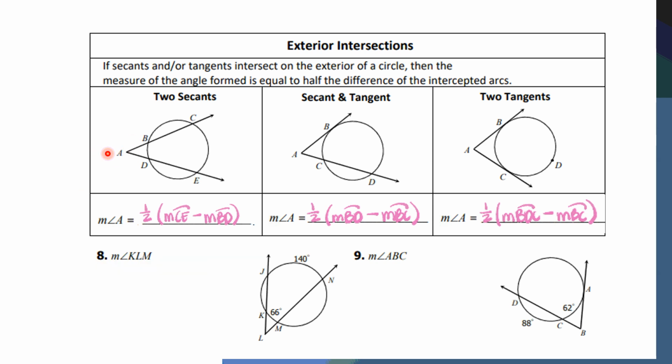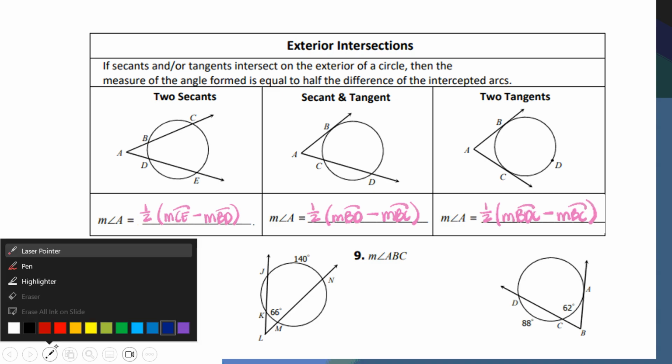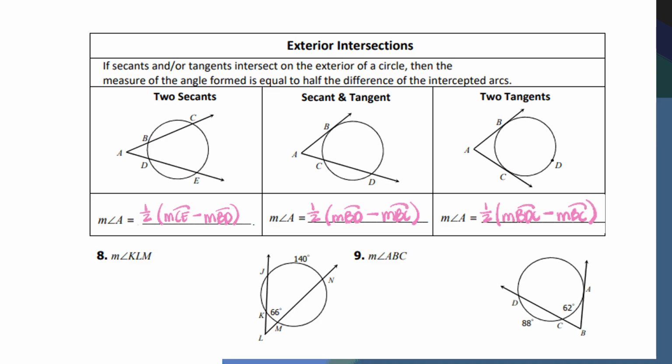Basically, the measure of this external angle A is going to be half of CE minus BD, which really just means, in a more general way, that you're doing the half of the big arc minus the small arc. Okay, the intercepted arc, so the one that's in between the lines. So for all these arcs, it's the arc in between the lines.